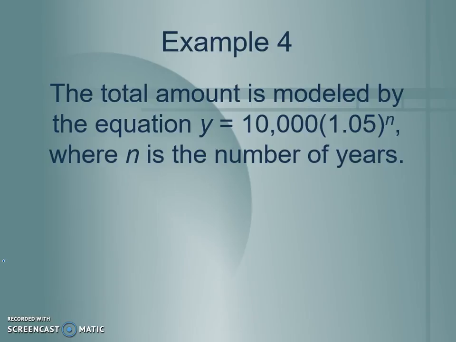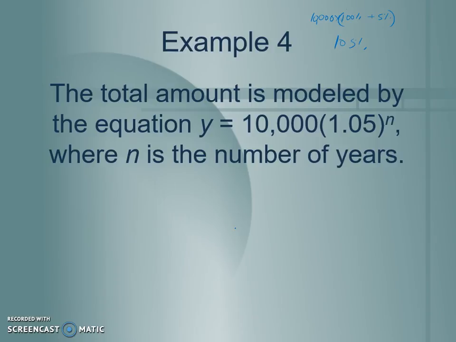So if the total amount was $10,000, that 1.05, remember that's 105%. We're saying we have to multiply this 10,000 times 100% first to keep that $10,000. And then we're also doing 5%. So we're multiplying it times 100% plus that 5%, which is the 1.05.